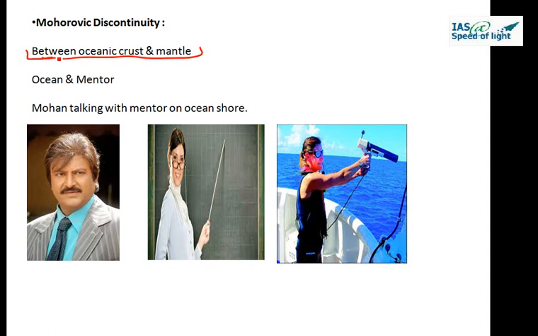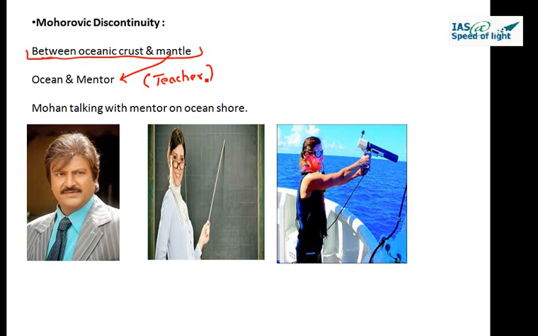Oceanic crust is very simple: ocean is a picture for oceanic crust. Then we have mantle. From mantle we get a word, mentor. Mantle becomes mentor, which means a teacher. So oceanic crust and mantle become the ocean and the mentor.